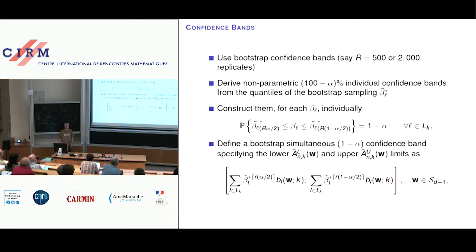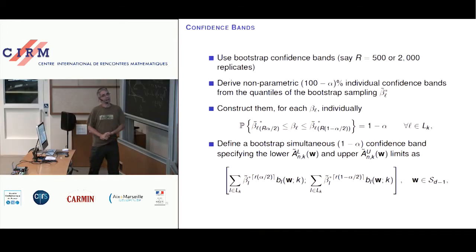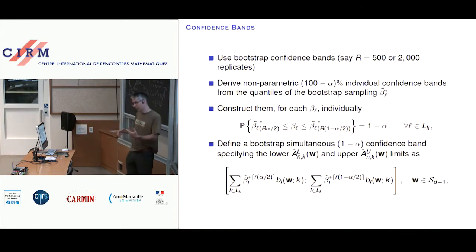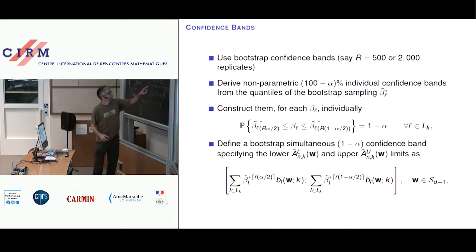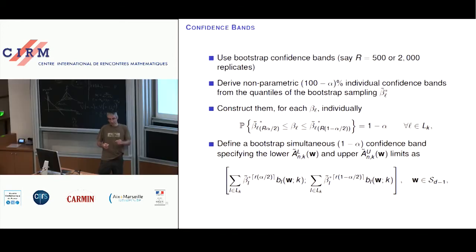In terms of confidence band, which is I think an important question in statistics, it's how to get this confidence band. And so what we did here, we did some bootstrap on the omega, and then on the bootstrap sample you can compute the A, the madogram estimator, and then you can project it, and then you have the beta coefficient.